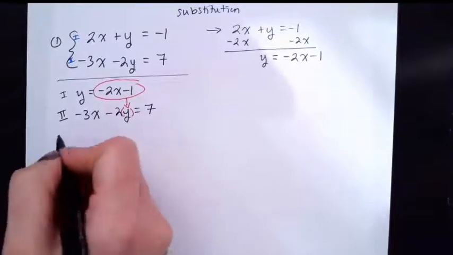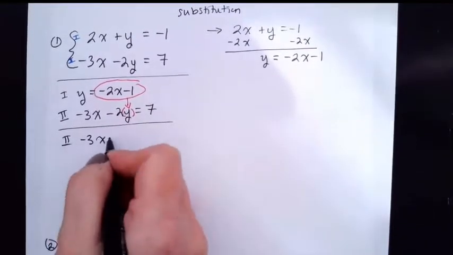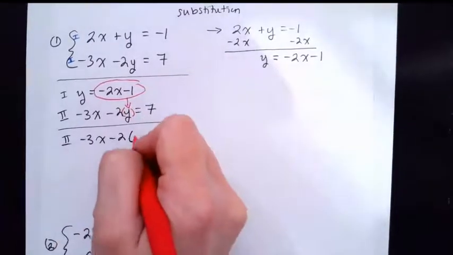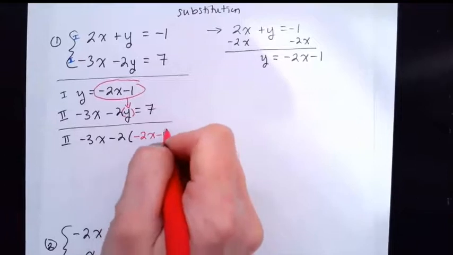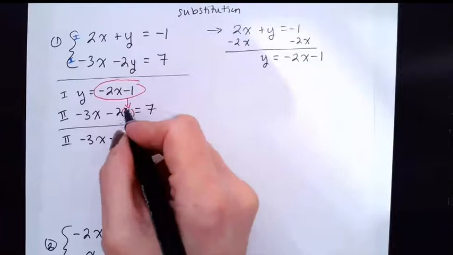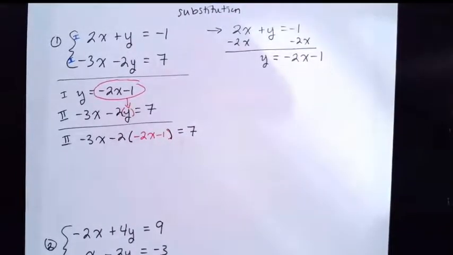So now my second equation will be negative 3x minus 2 times, in the parentheses, negative 2x minus 1. That's what I've substituted. So that's replacing the y, equals 7. So that equation now only has x in it.